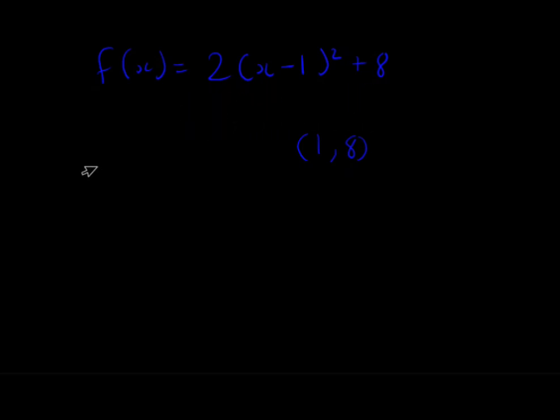Now if they ask us the turning point of h, they can say find the turning point of h if h is equal to... okay, let me just do this. Let's say h(x) is equal to minus f(x minus 2). So what are we going to do?